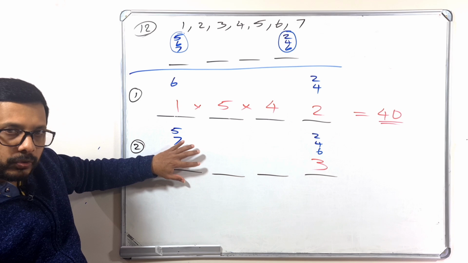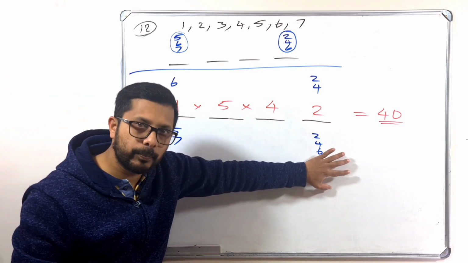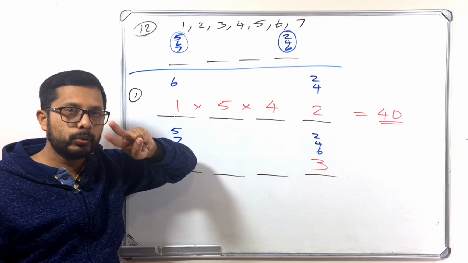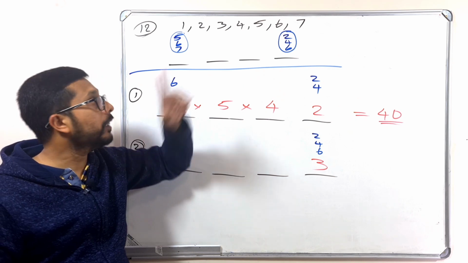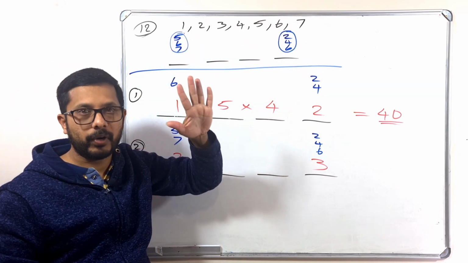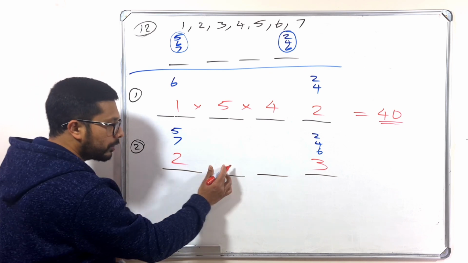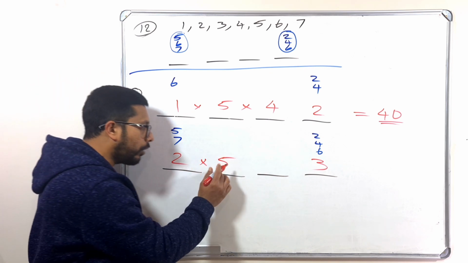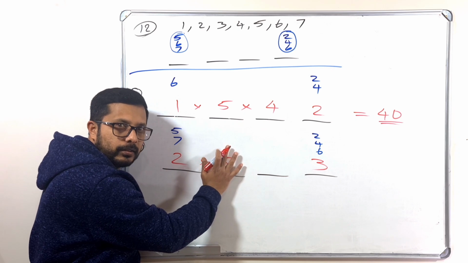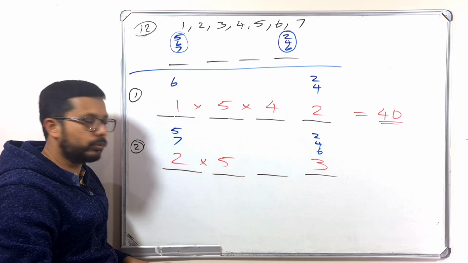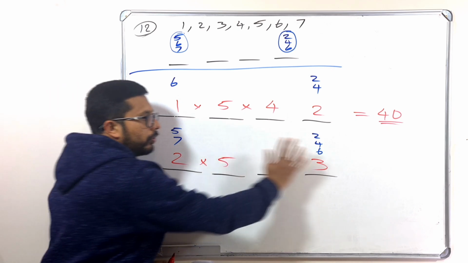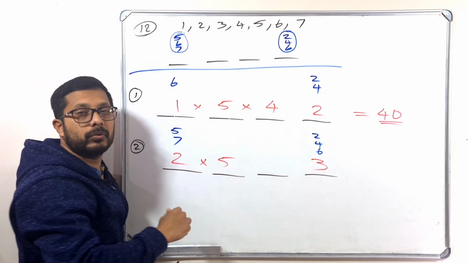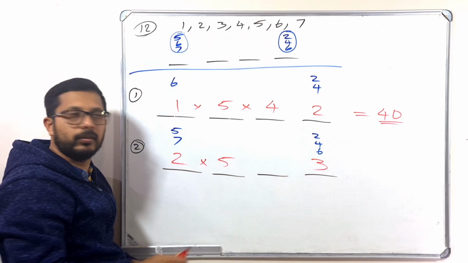Now here I took 1 number, here I took 1 number. So out of these 7 numbers, I already took 2 numbers. So remaining how many numbers are here? 5. So for this position to be filled, I have 5 options. So now I took another number here. So total how many numbers I took? 1, 2, 3 numbers I took from these 7. So the remaining how many options? 4.